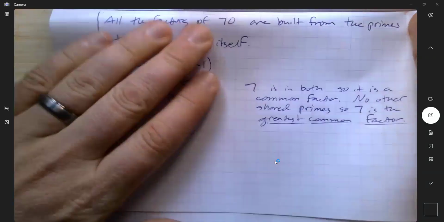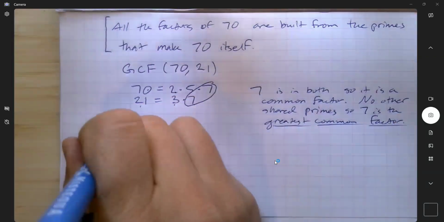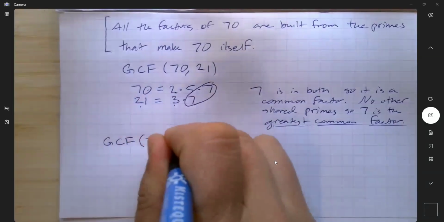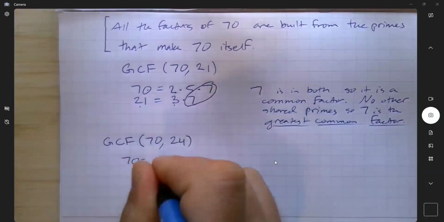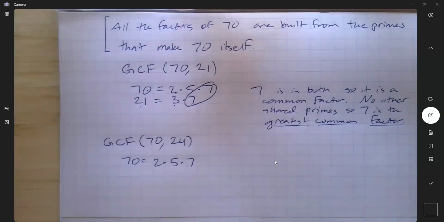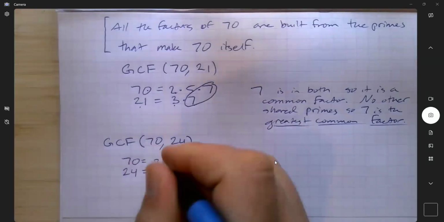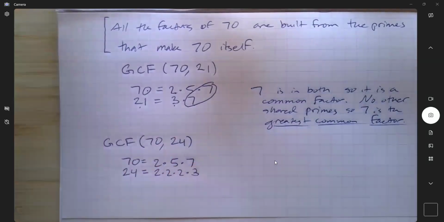Let's look at another example, also involving 70. Let's find the greatest common factor of 70 and 24. And again, we start by writing 70 as its product, the multiplication of its primes. And let's do the same thing for 24. I did it earlier. It was 2 times 2 times 2 times 3.